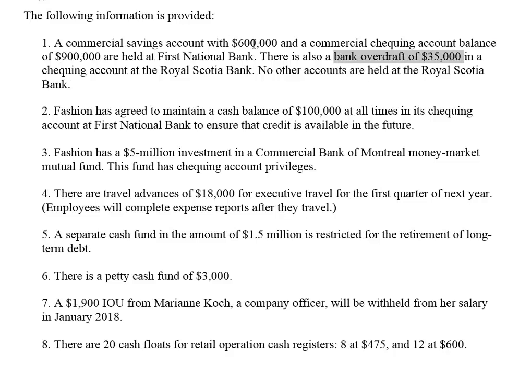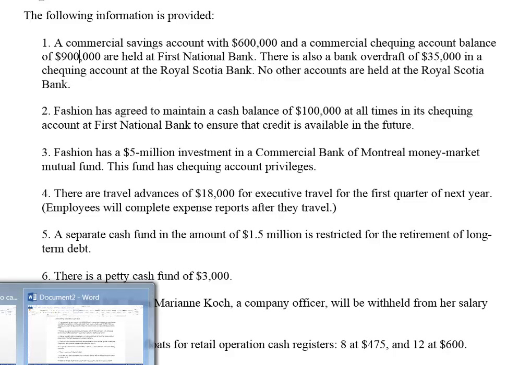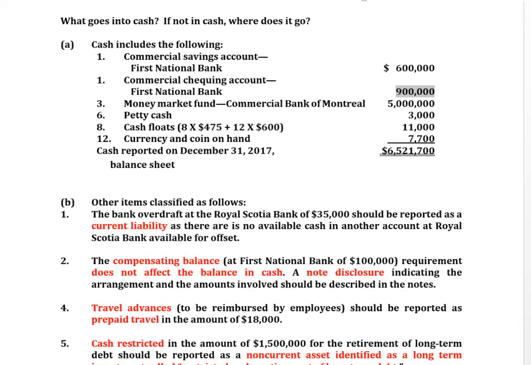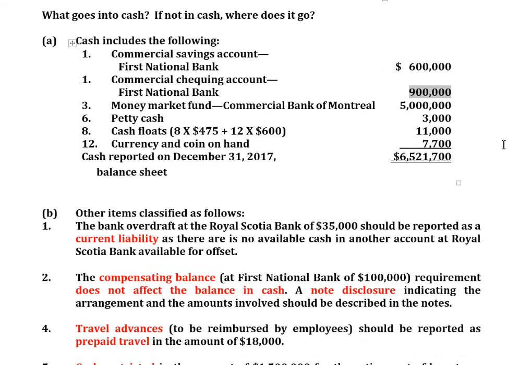But these two amounts, the $600,000 and the $900,000, they're fine to be included in the cash balance. So what we would say is if we're trying to determine what our cash balance should be, we're going to put in the commercial savings account balance of $600,000 and the checking account balance of $900,000 in that cash account.